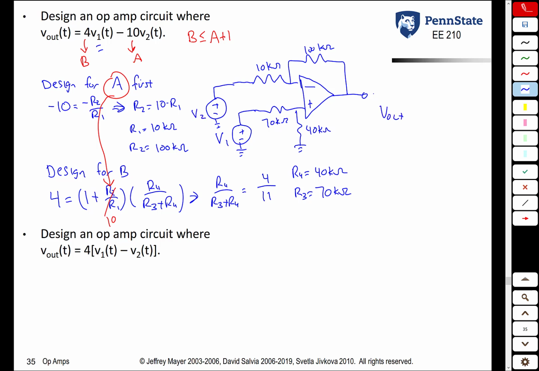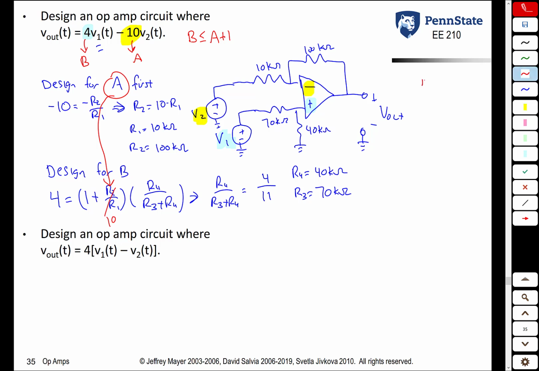And so Vout is measured between that output terminal and ground. And what's it going to be? It's going to be our input V1 connected to the non-inverting terminal, so it has a positive gain, and our input V2 connected to the inverting terminal, it's going to have our negative gain. And Vout is going to be 4V1 minus 10V2.